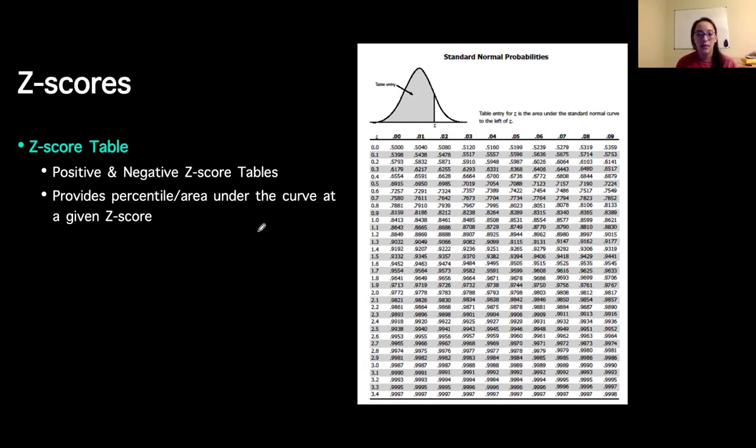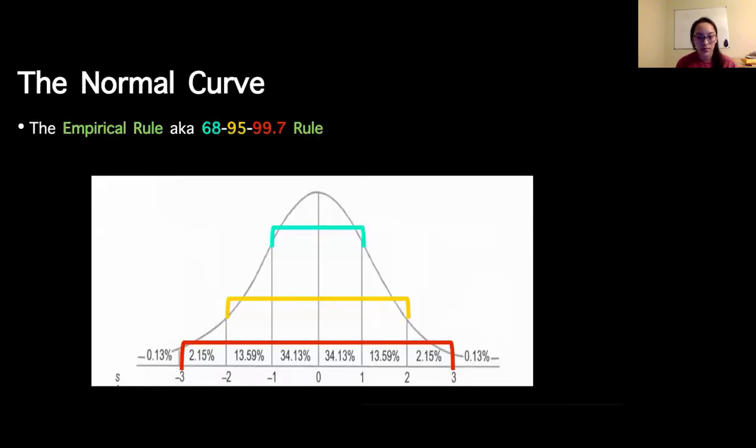If I bring back our bell curve, we expect that 50% of our data exists in this direction and 50% in the other direction.